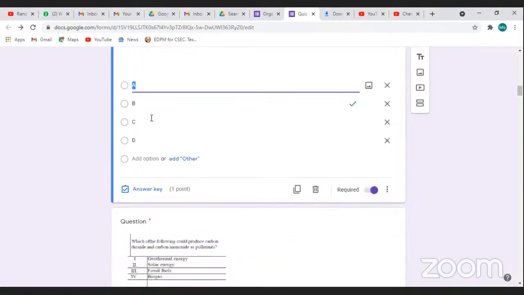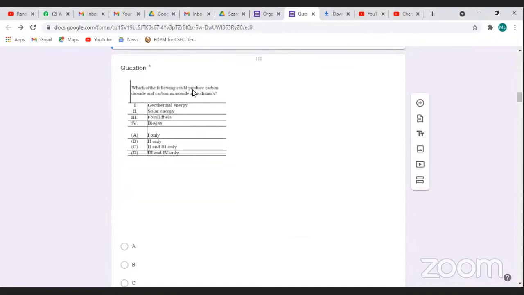Petroleum. All right, this one is from an old paper. Which of the following could produce carbon dioxide and carbon monoxide as pollutants? Geothermal energy, solar energy, fossil fuels, or biogas?